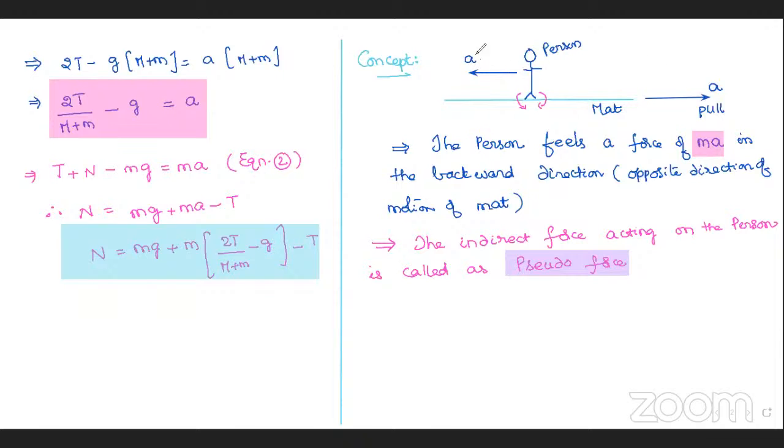Observe my diagram: I wrote not F and F, I wrote A and A. Now you identified the difference? So in numericals also, we have to take the same acceleration, not the same force. After getting the acceleration, multiply with the mass of that person.